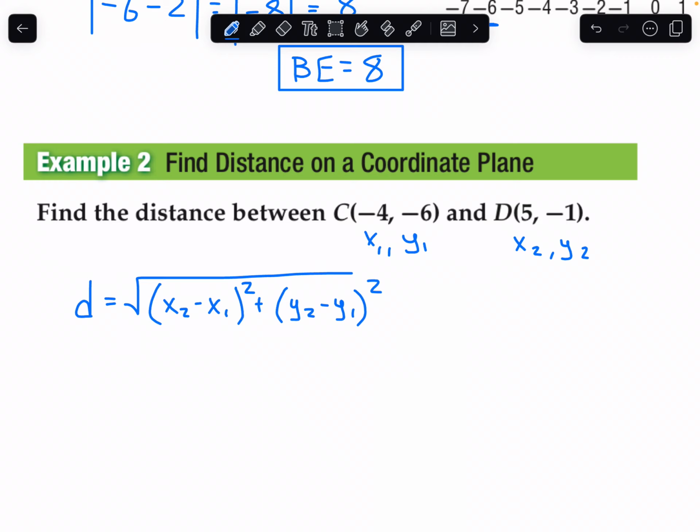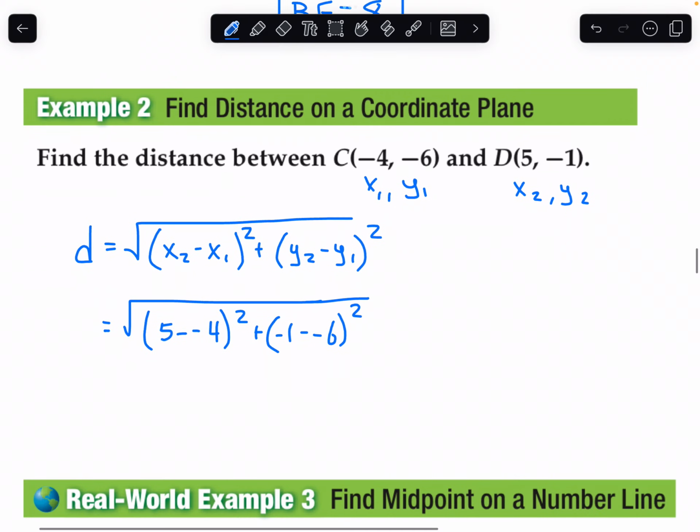and the order of anything does not matter as long as you pair like with like. So this will be the distance, the square root of the quantity 5 minus negative 4 squared, plus the quantity negative 1 minus negative 6 squared. 5 minus negative 4 is the same as 5 plus 4, which is 9, so this is 9 squared.